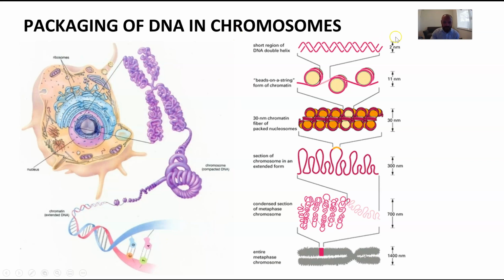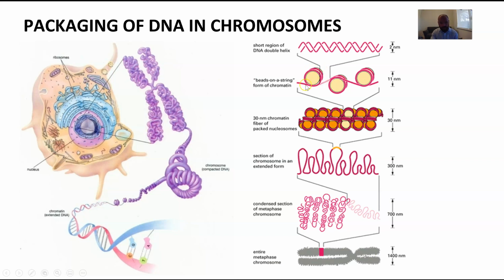Now, on this side over here, we can see the same sort of thing, but in a bit more of a structured way. Again, our double helix, and here are those now yellow balls that the strand of DNA winds around. These balls are called histones. They are proteins, and their purpose is to package DNA.